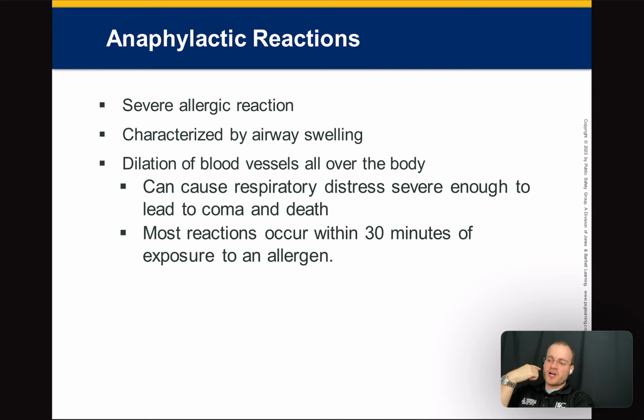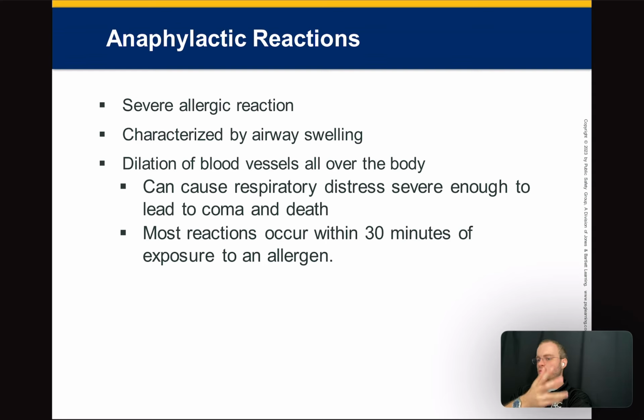The mouth, tongue, and airway, the oropharynx, can swell so much it can close off your airways, especially your tongue. It's called orolingual angioedema, or sometimes you'll just see it called angioedema. It'll swell so much you can't get air in, and that becomes a problem.